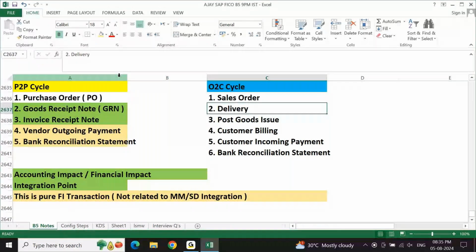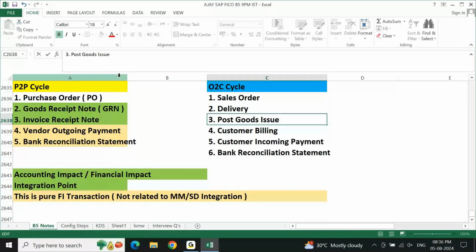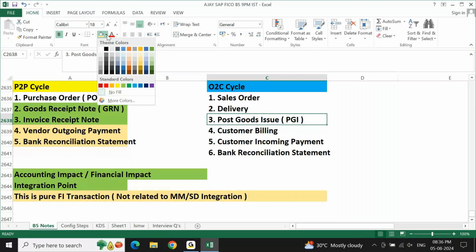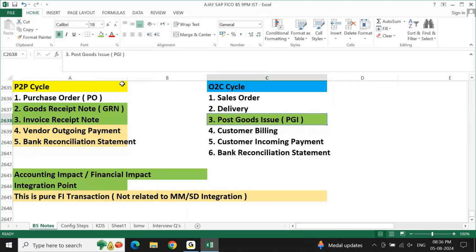When it comes to PGI, post goods issue, this has an accounting impact. Wherever there is an accounting impact, wherever there is an integration point, we are highlighting it with green color. Let me highlight it with green color here.